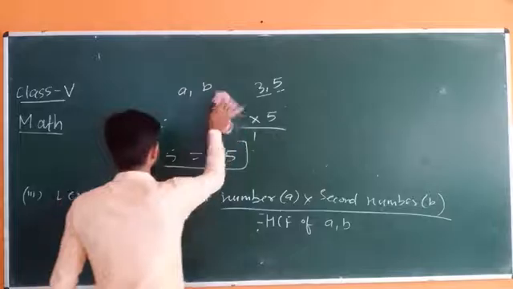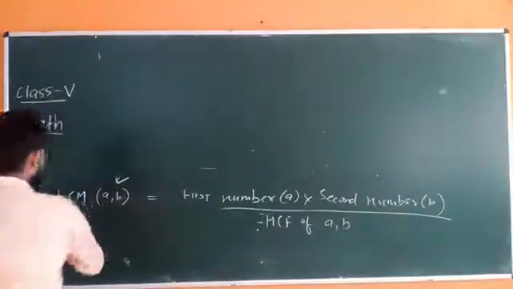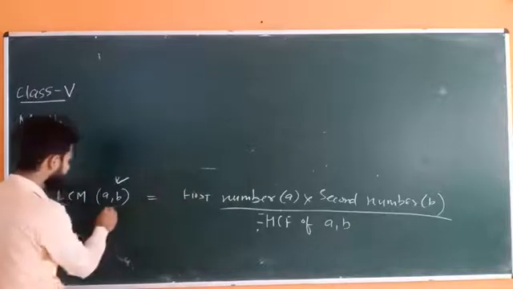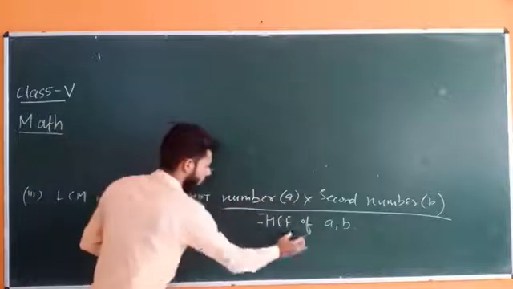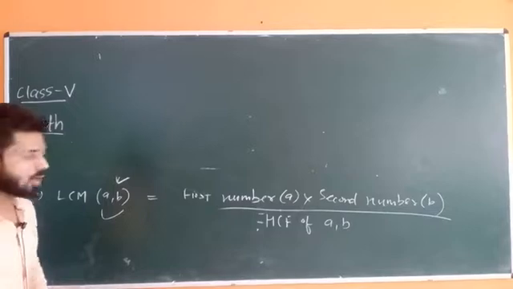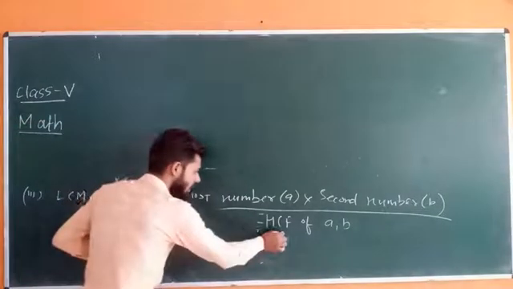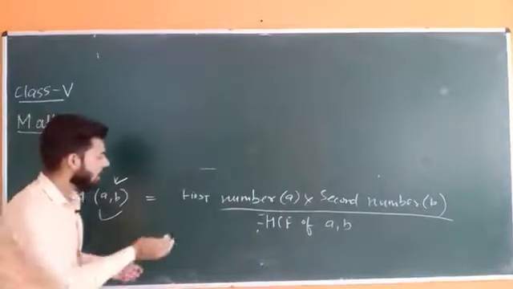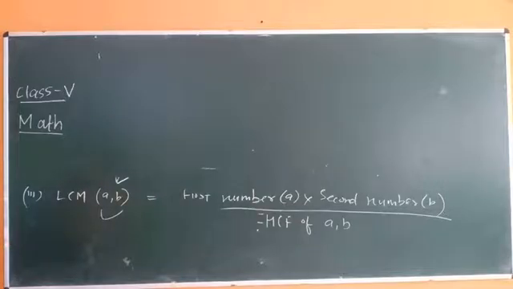Out of these 3 units, 2 units will be given and you have to find the third one. Like if the HCF and LCM are given, you have to find the first number and the second number. Similarly, 3 units will be given and you have to find the last one.